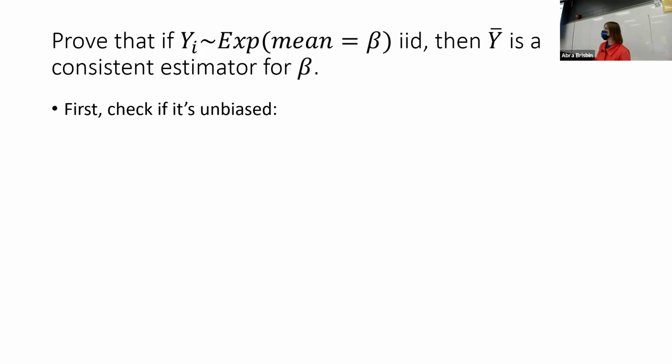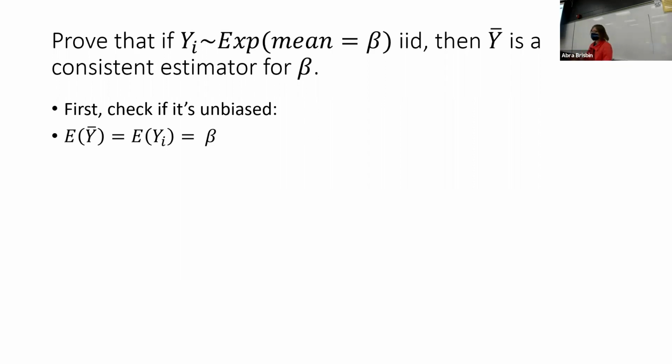So let's start by checking if this estimator is unbiased. Because if it is, then we can check if it's consistent by checking its variance. So the expected value of y bar is the expected value of y sub i, which is beta, the mean of the exponential distribution.